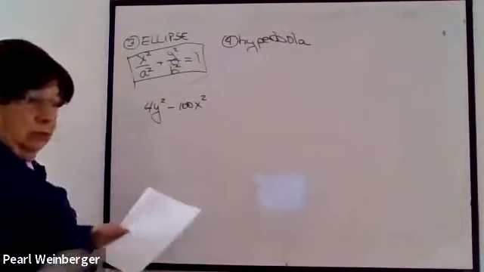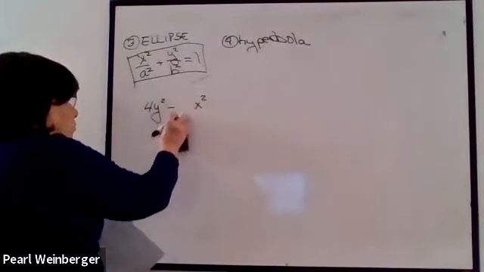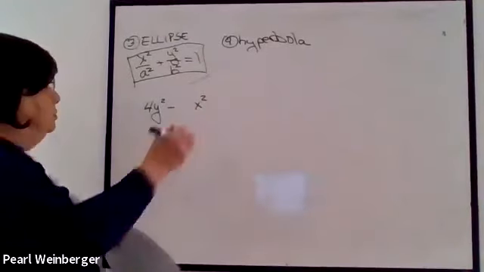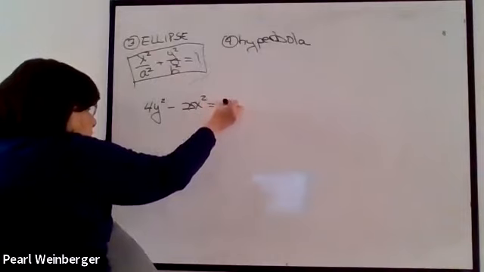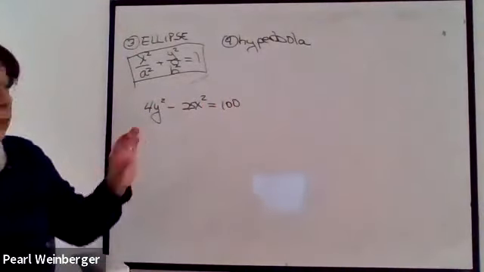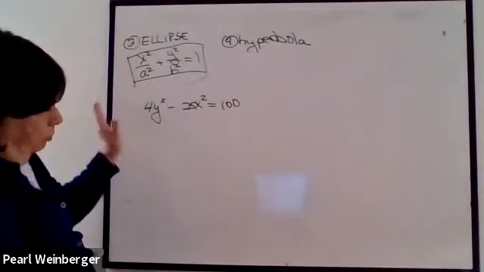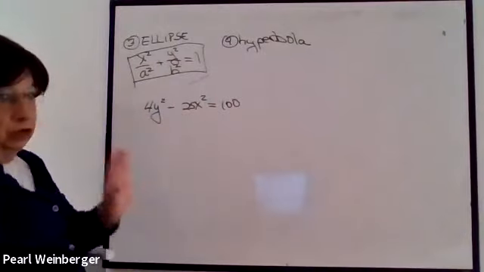No, I don't want that. I don't want 100. I don't want to get so big. Let's do this: 4y squared minus 25 x squared equals 100. Suppose I give you this equation. First of all, note, there's an x squared and a y squared term in it.